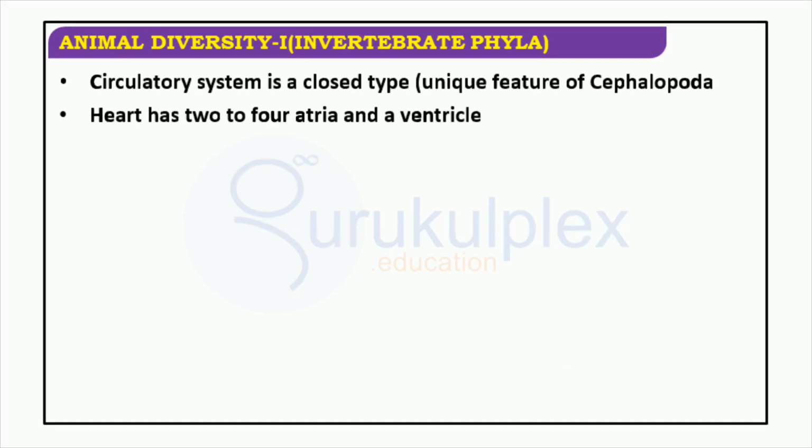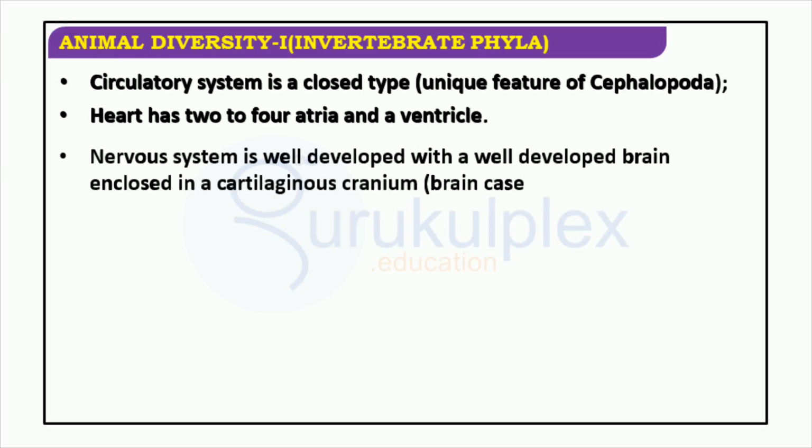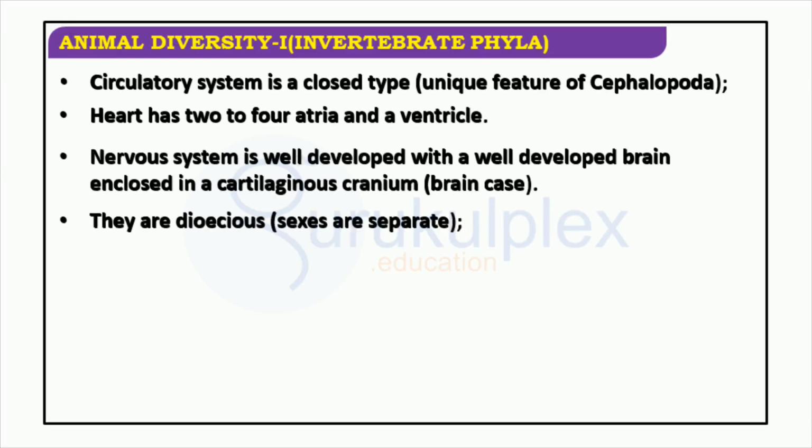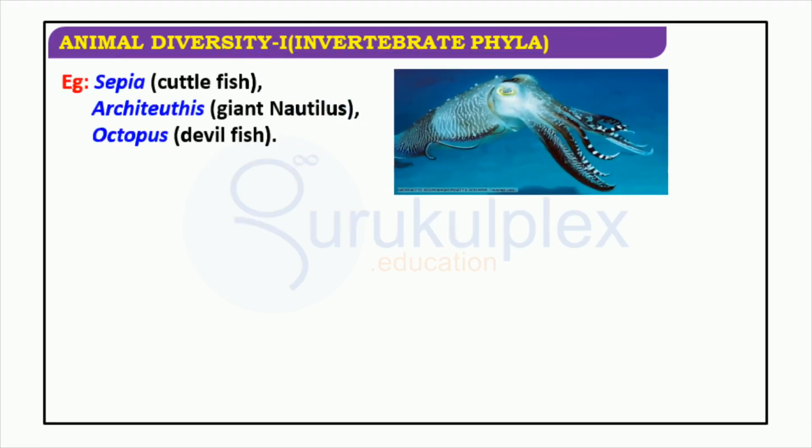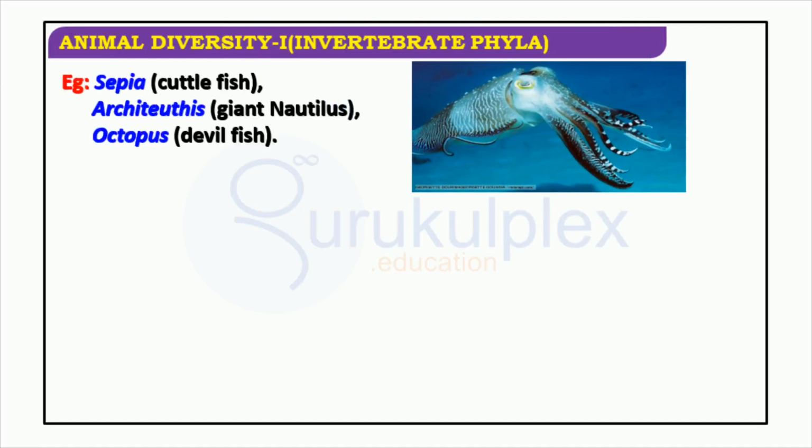Cephalopoda is an invertebrate phylum that has a closed circulatory system, 2 to 4 atria, a ventricle, and a well-developed cartilaginous brain case. It is distinct from other invertebrates for its direct development, which is without the need for metamorphosis. I will be discussing 3 species found in the invertebrate phyla.